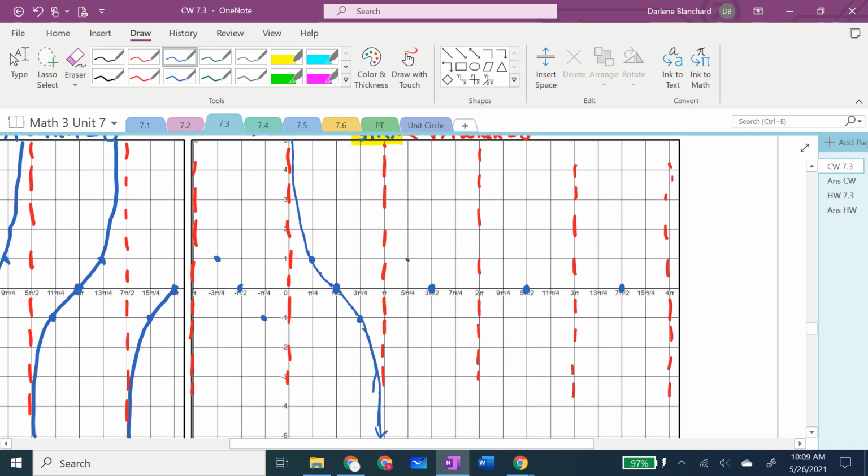And I'm going to plot the pi over 4 numbers, all the x coordinates that are multiples of pi over 4. Those are 1 and negative 1, and then draw the graph from there.